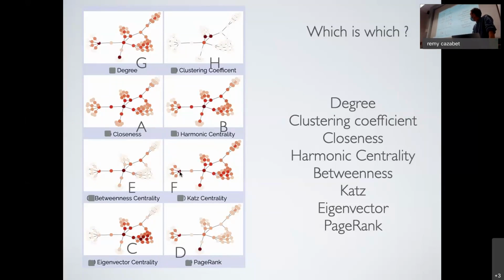So this node can access a little bit all the network, not too badly, so it has a good value. But also this one has a good value because it can access all these nodes very easily. So that's good. And these ones are not too bad because they are in the middle also of a portion of the graph. Well, it's very hard to recognize, but that's the idea.